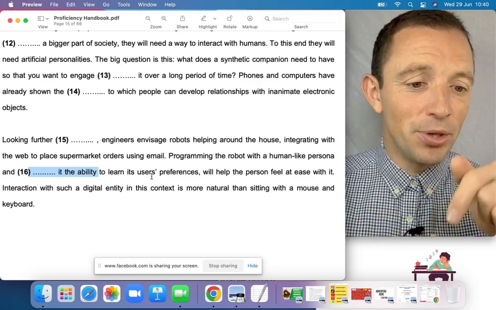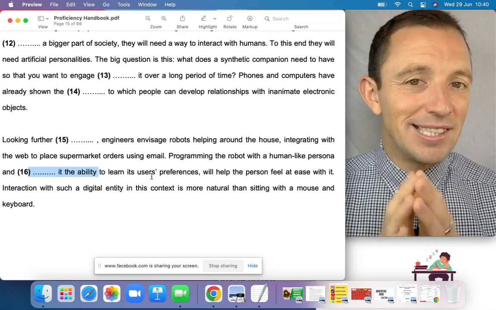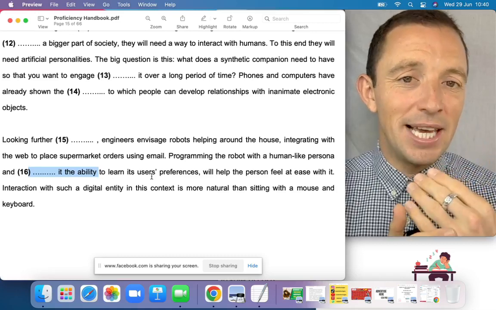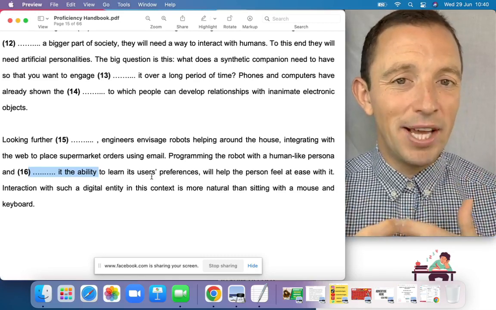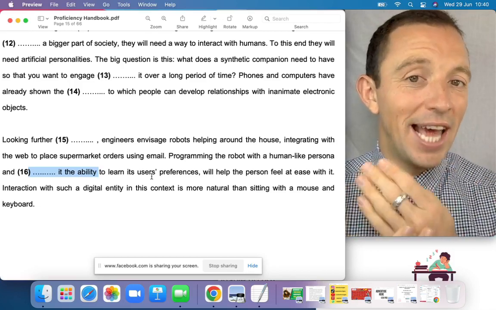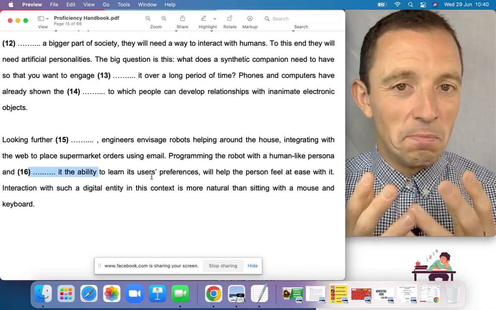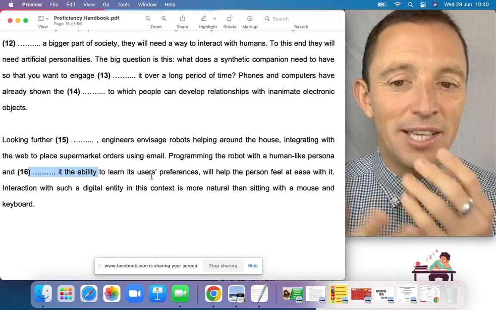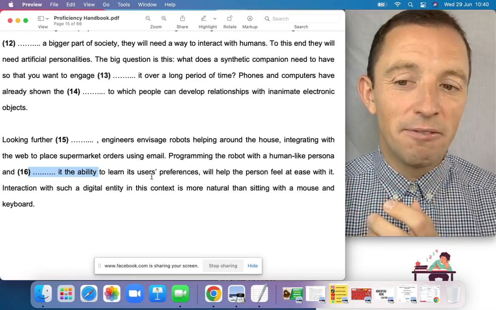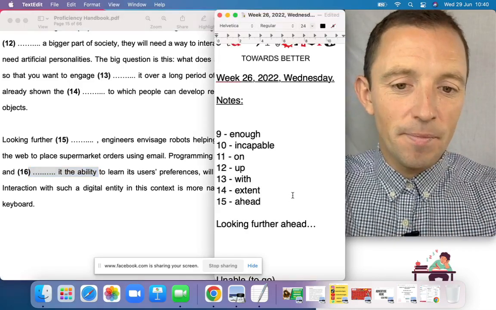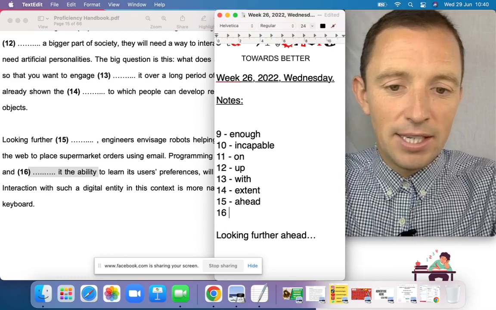If you have an idea, put your comment. But for me, it's simply give it the ability. For example, coffee gives me the ability to stay awake. Coffee gives me the ability to write my essay. Okay, so for me, it's giving the robot the ability to learn the preferences. For me, it's the only option, number 16, giving it. Okay, and let's continue with that.